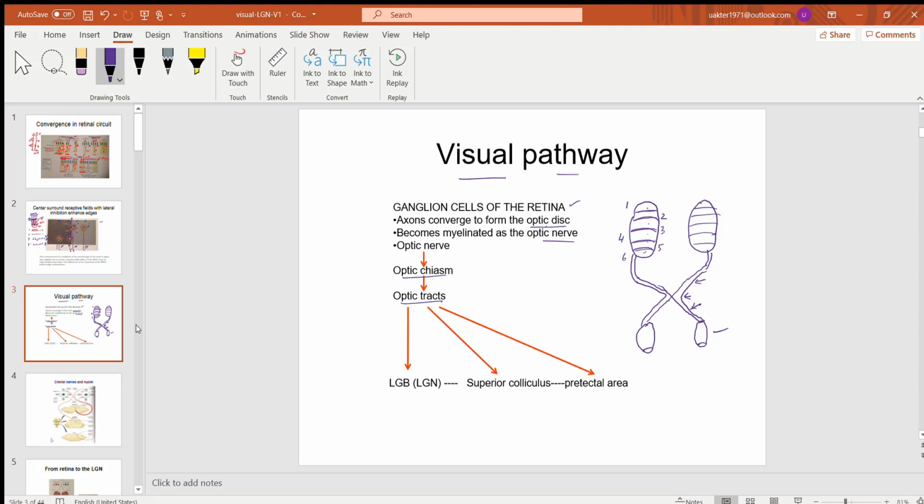And layers 1 and 2, these 2 layers, are called magnocellular. So these are magnocellular layers. And layers 3, 4, 5, 6 are called parvocellular. So these are parvocellular layers.